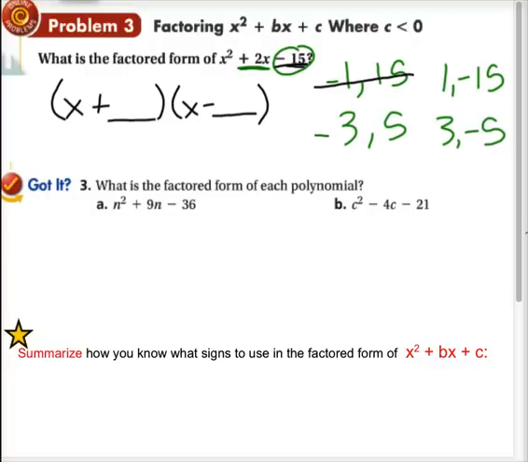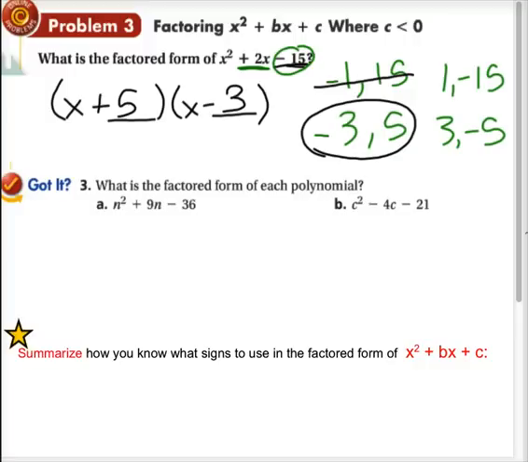That's not going to give us what we're looking for. Negative 3 plus 5. Oh, there we found it already. Negative 3 and 5 adds to give us that 2. So we're going to have x plus 5, x minus 3. So this is essentially the same as what we did yesterday. Just now we have to make sure we're taking into account that one of our numbers can be negative.